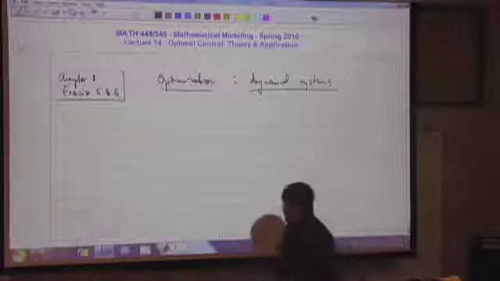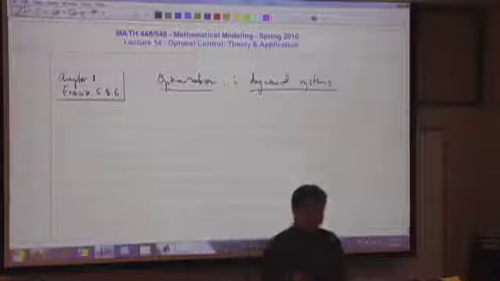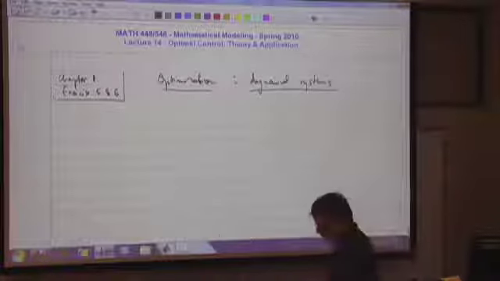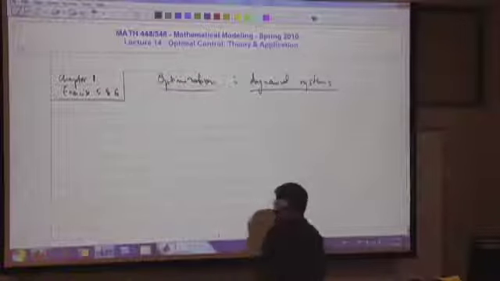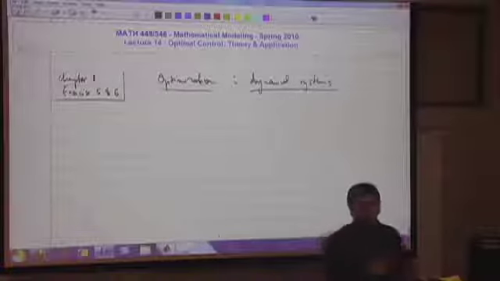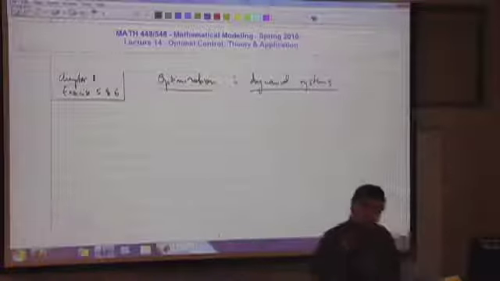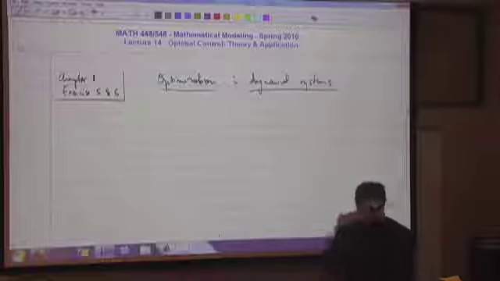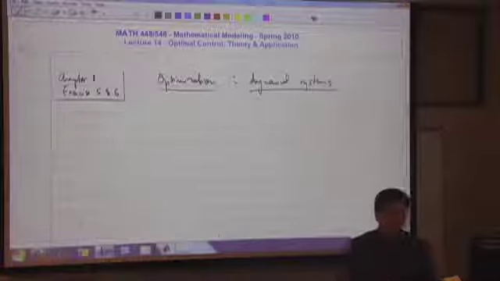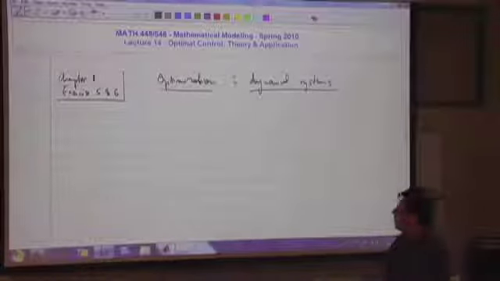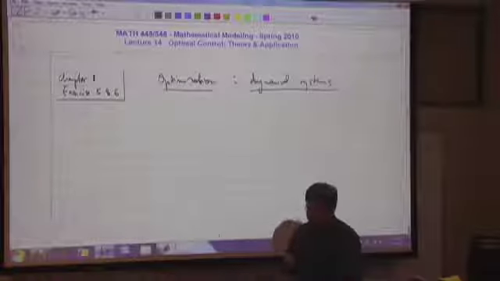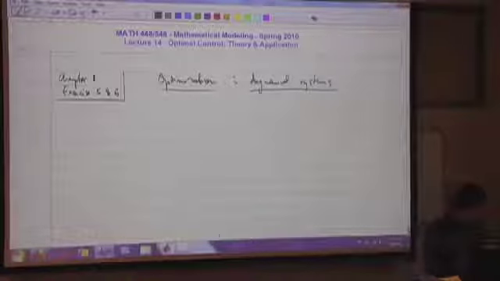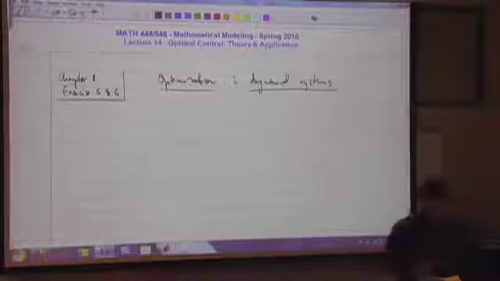So this would be types of problems or examples where modeling comes in handy, and where there is something that we want to optimize when the process or the underlying dynamics is given either continuously or discrete.